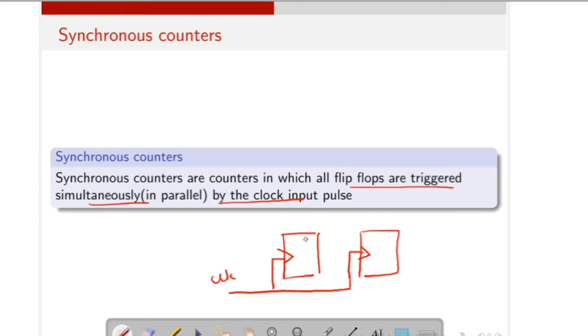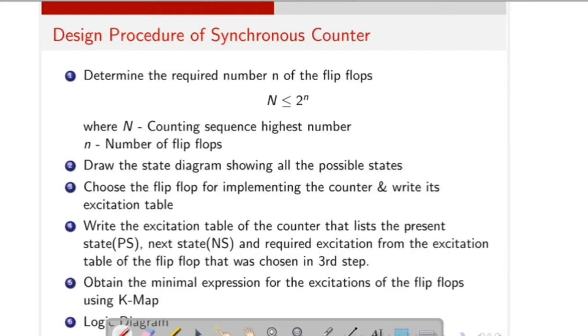Here both flip-flops are triggered by the same clock signal simultaneously. So synchronous counters are counters in which all the flip-flops are triggered simultaneously. To design a synchronous counter, we follow some procedure.